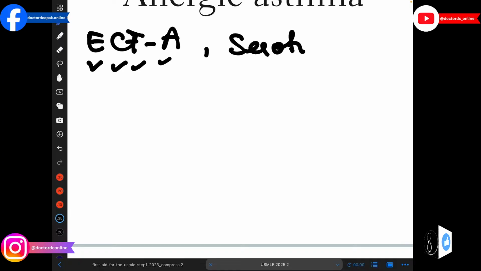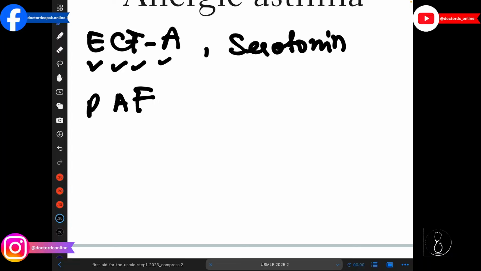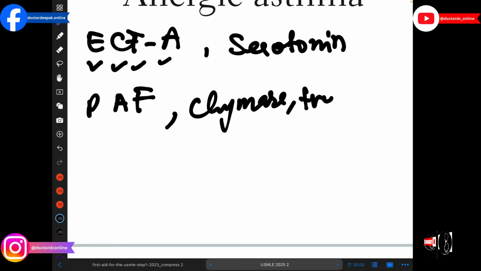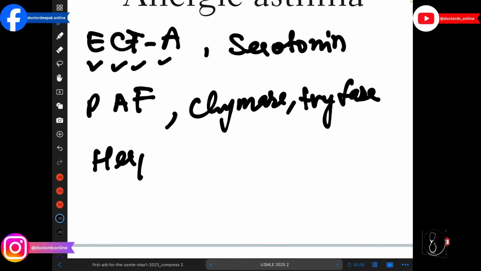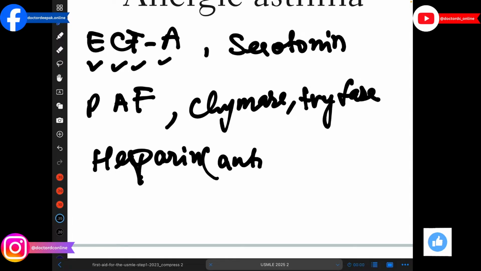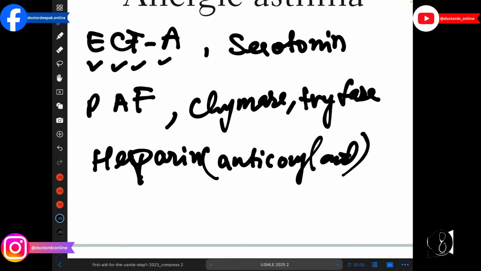Also, we have serotonin, preformed in the mast cells, which causes vasodilation. We have platelet activating factor, which also causes bronchoconstriction. Also, we have neutral proteases like chymase and tryptase. Also, we have heparin, which is an anticoagulant. These are other type 1 mediators.